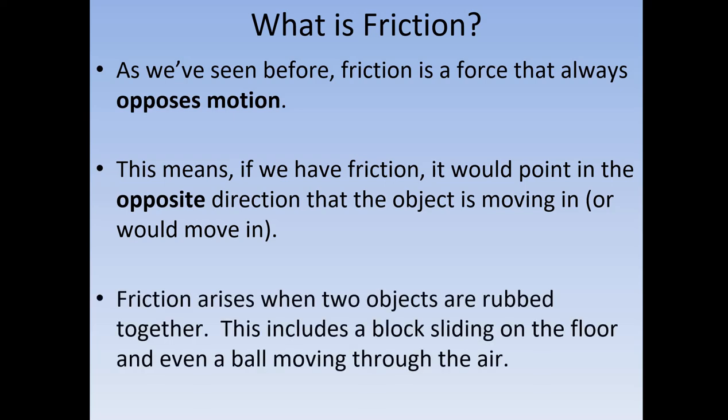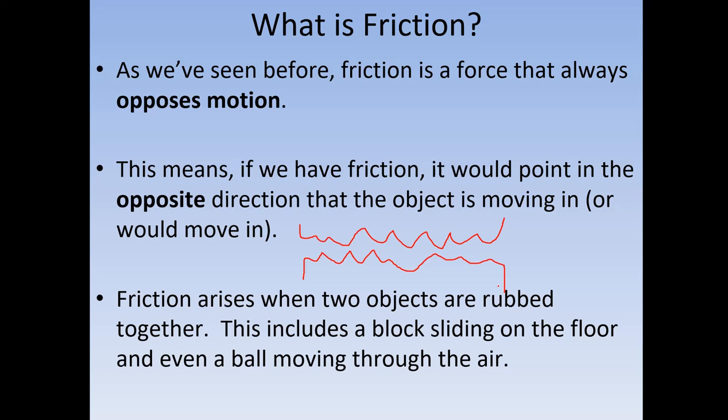Now, the whole point of friction and where it actually comes from is that it's coming from the rubbing of the two surfaces. In particular, if you actually looked at two surfaces under a microscope and at a very fine look, you'll notice that all surfaces have these little bumps and divots and grooves in them. So when you have two surfaces and their bumps and grooves interact, they end up interlocking with each other, and that's what's actually causing the trouble.